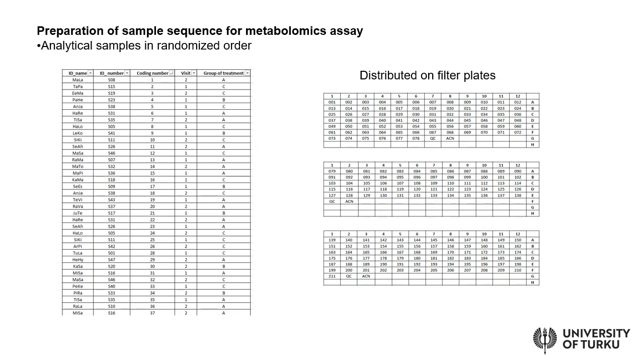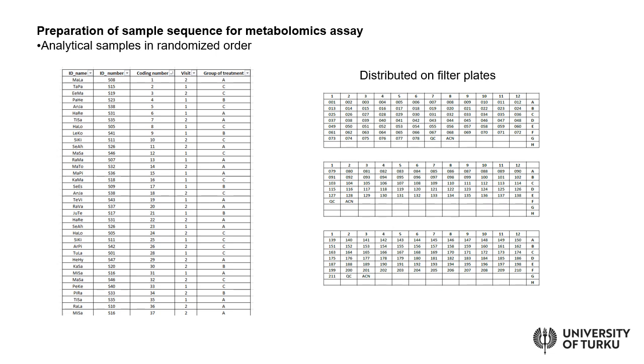And this is just a demonstration of how the sample sequence is typically prepared for metabolomics analysis. So in the majority of cases, when you have your Excel files filled with the sample names and information and so forth, then you should conduct a complete randomization so that they are injected into the instrument in completely random order.